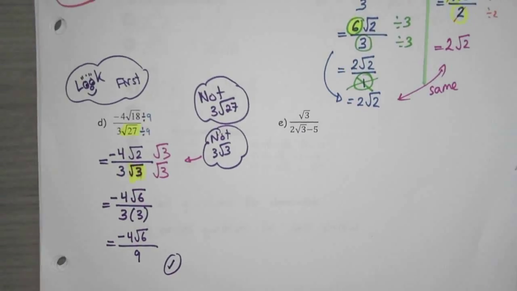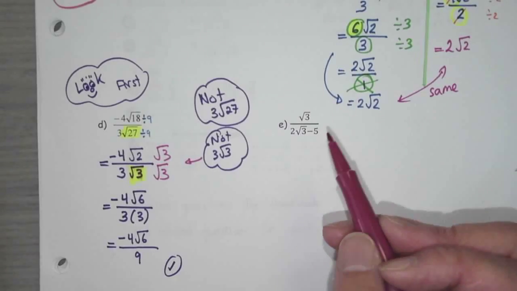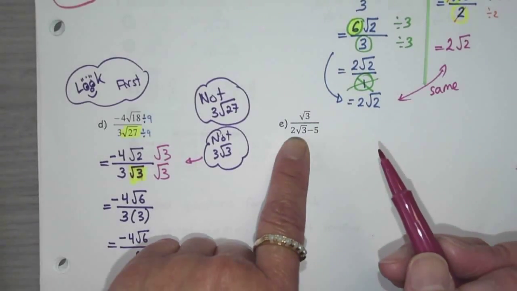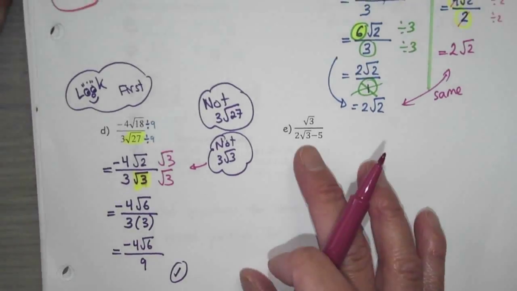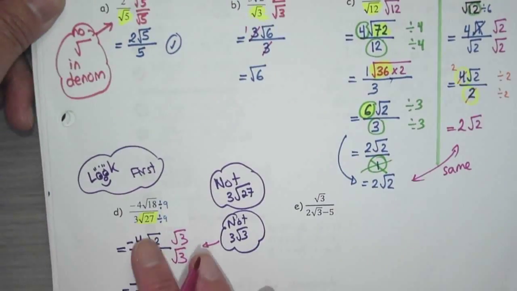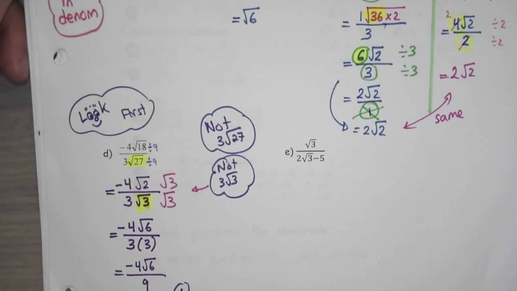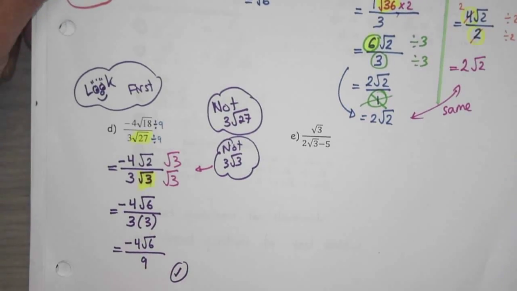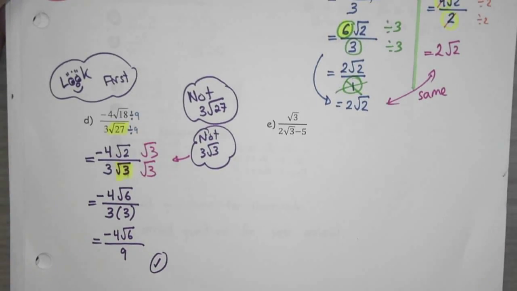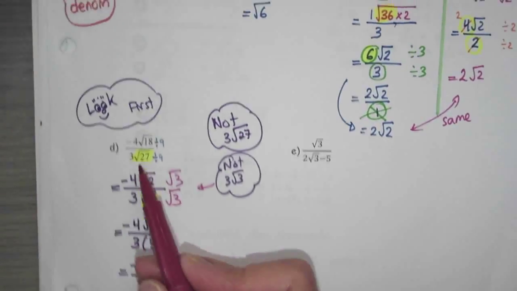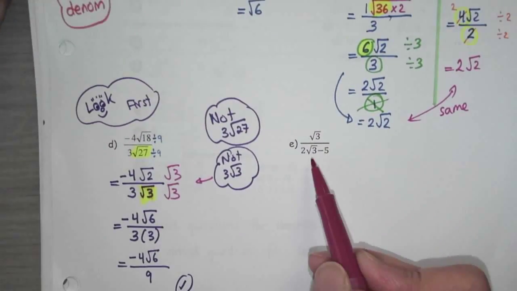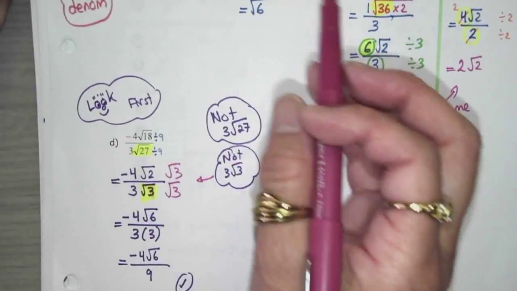So we want to rationalize this, and we multiply the top and the bottom by... how is this one different than these ones we just did? How did I make the denominator different? How is this denominator different than all those denominators?